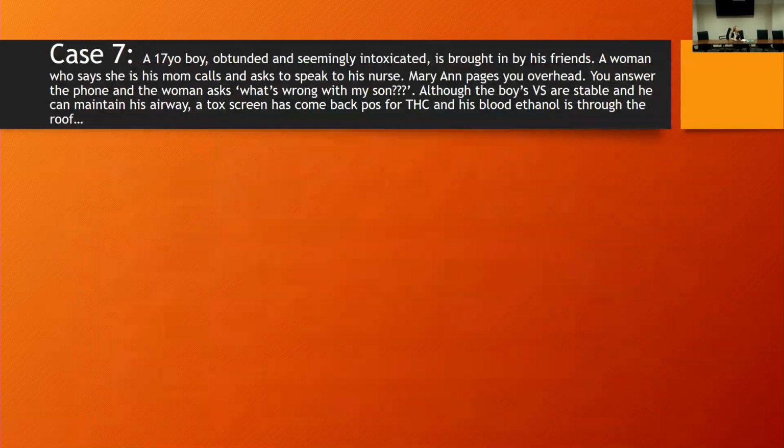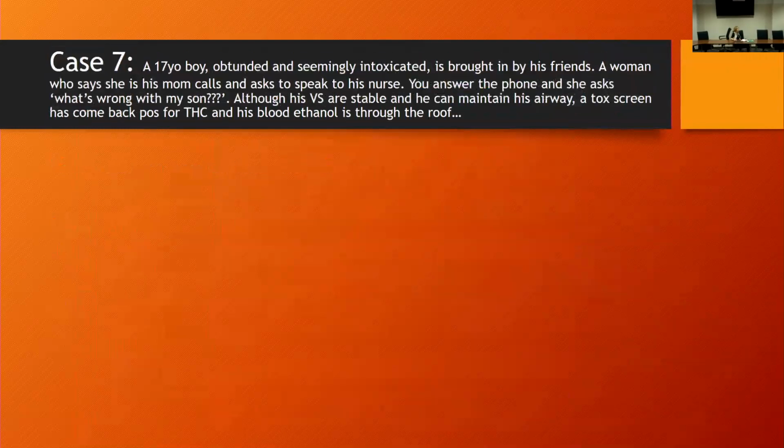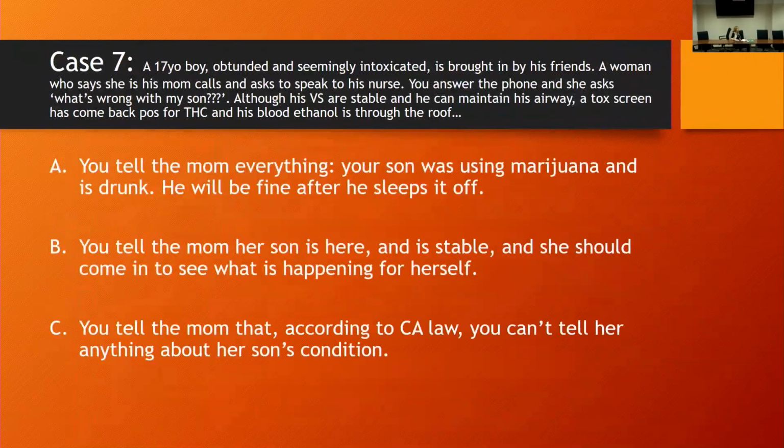So the person in question identified very strongly with the mother. She herself had been through a similar situation, and I think she told her everything. So choice A: you can tell the mom everything. Your son was using marijuana, he's drunk, he'll be better when he sleeps it off.